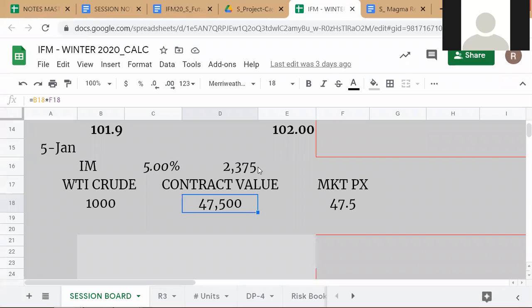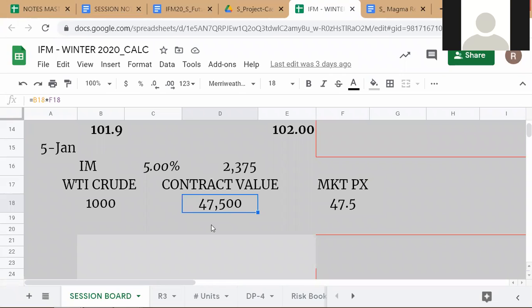And as a way of securing your performance, in case the bet goes wrong, the house, or in this case the exchange, is taking a deposit from you. This is like a good faith deposit. It is meant to ensure that if you walk away from the contract, they can recover the loss using your deposit.